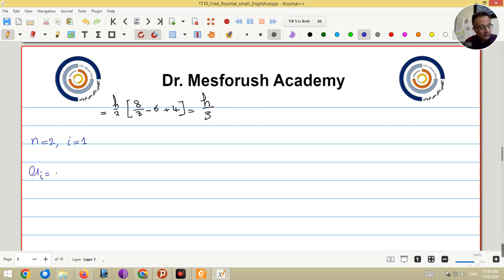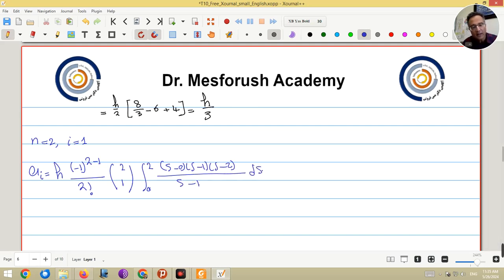Now let me continue for n equal to 2 and i equal to 1. So a1 is equal to h times minus 1 to the power of n minus i, 2 minus 1 over 2 factorial, combination 1 from 2, integral from 0 to 2 of s minus 0 times s minus 1 times s minus 2 over s minus 1, d of s. If you compute this value, a minus will appear here and a 2 appears here. 2 and 2 will cancel, just remaining minus h. Integral from 0 to 2, you cancel these two terms.